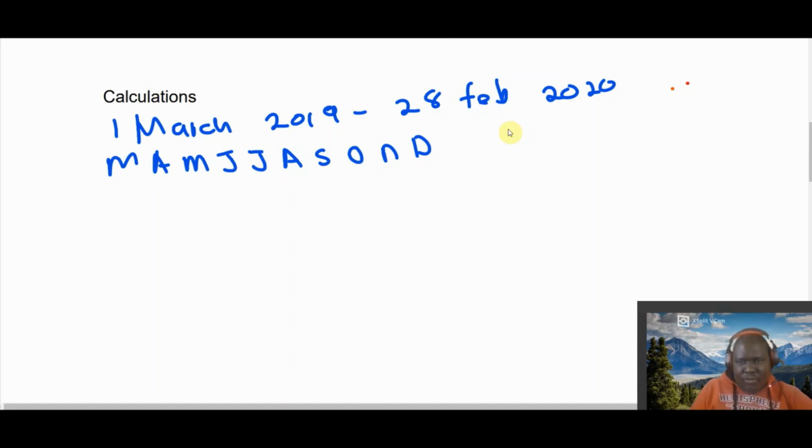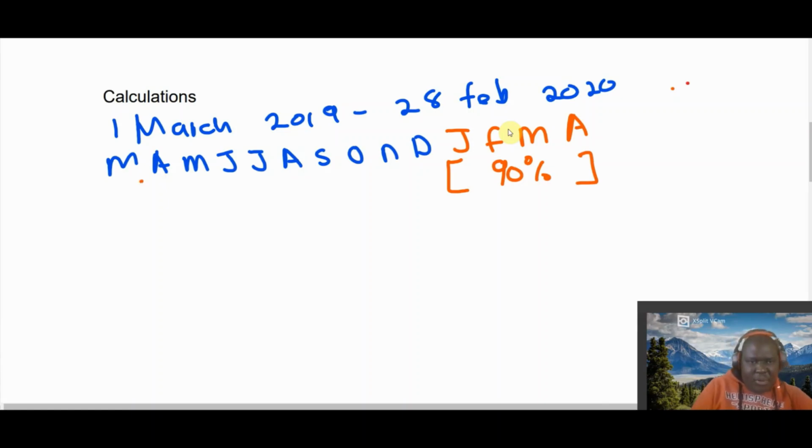So this will be January, February, March, and April. So for these 4 months, for rent we were only paying 90%, and then for this period from March to December, rent was paid at 100%.